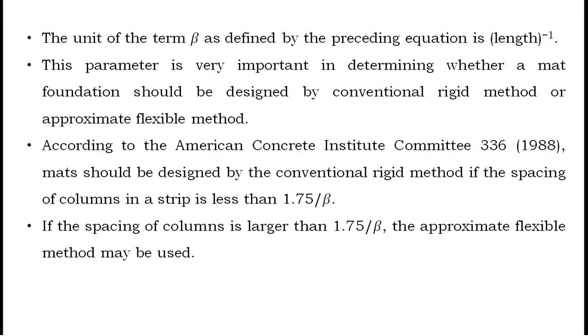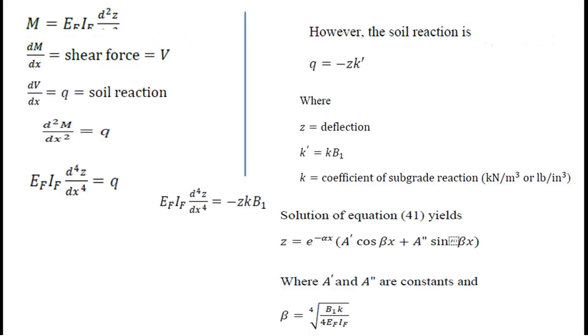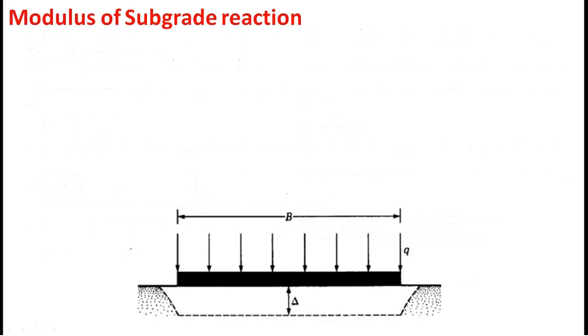In that conclusion I got beta, and from that beta I decide whether to go by the approximate method or the conventional method. This decision I made, but in this decision I need K, that is the subgrade reaction. Without knowing this K we cannot go ahead. I just decided whether I have to go for the flexible method or the conventional rigid method.